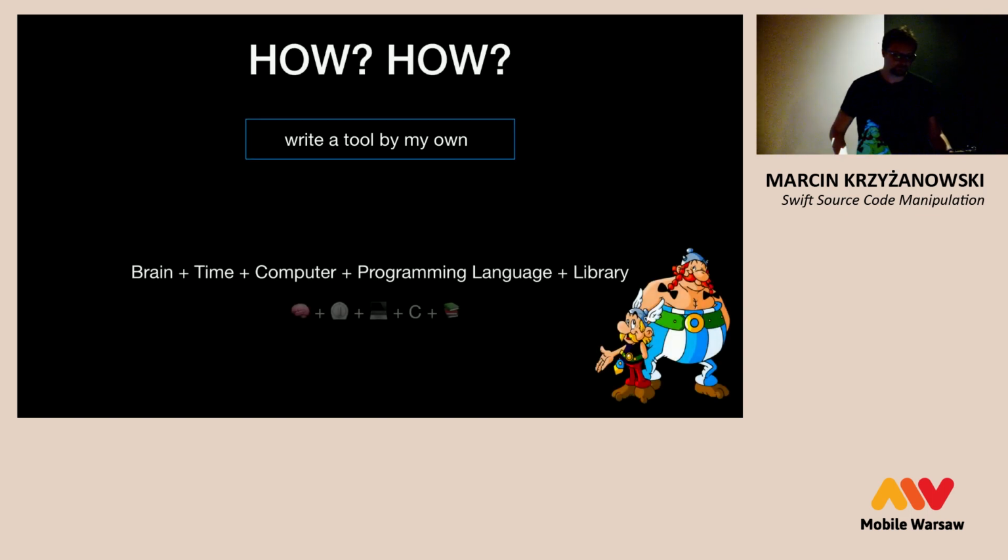How to write that tool? Well, to write the tool, I need a brain, of course. I need some time. I will use a computer, and I will use a programming language. My choice is Swift. And I will use a little help from specialized libraries that were created especially to solve this category of problems.